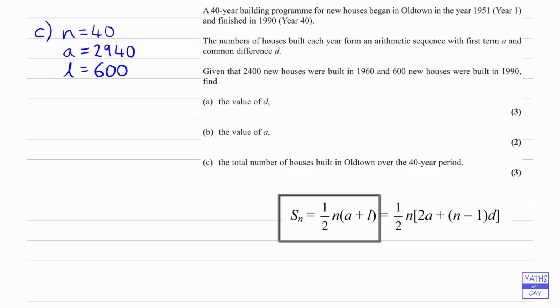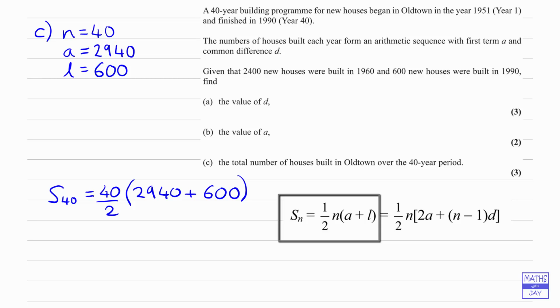So that gives us that the total number of houses built over the 40-year period is S40, which is going to be equal to a half of n, so that's a half of 40, multiplied by the sum of A and L, so 2,940 plus 600.